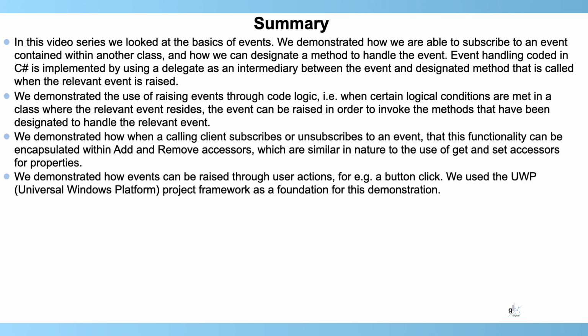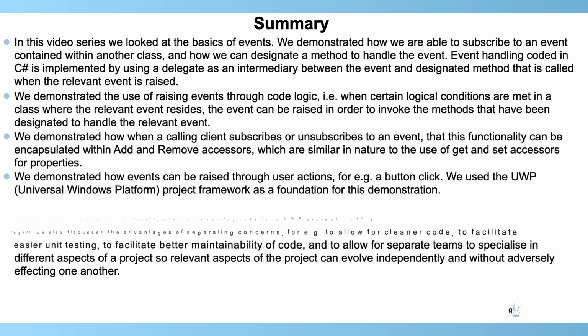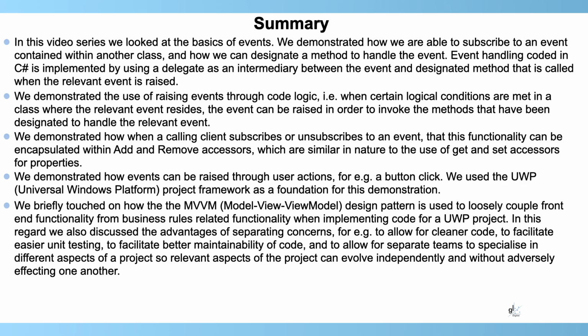We used the UWP Universal Windows Platform project framework as a foundation for this demonstration. We briefly touched on how the MVVM Model View View Model design pattern is used to loosely couple front-end functionality from business rules-related functionality when implementing code for a UWP project.